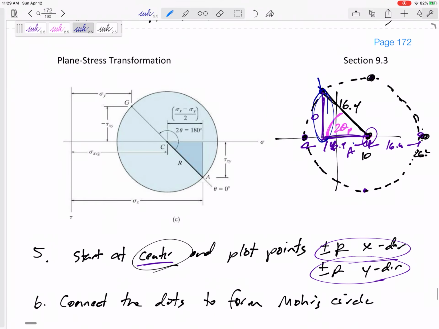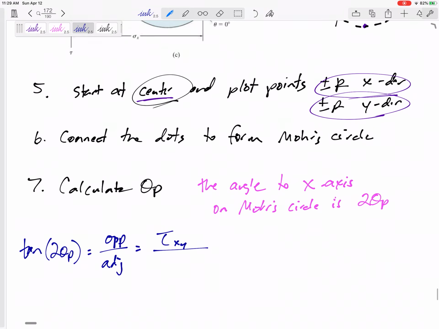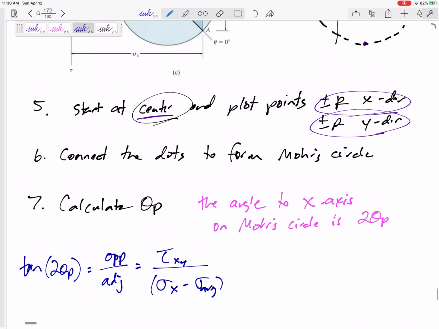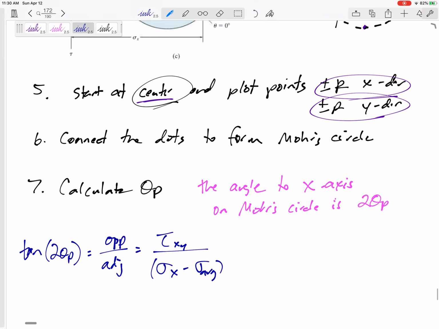And your adjacent, that would be the sigma x, how far sigma x is away from the average.